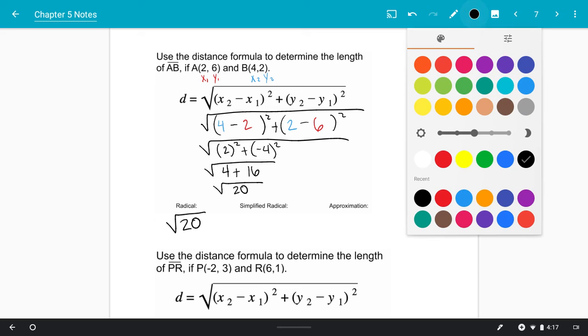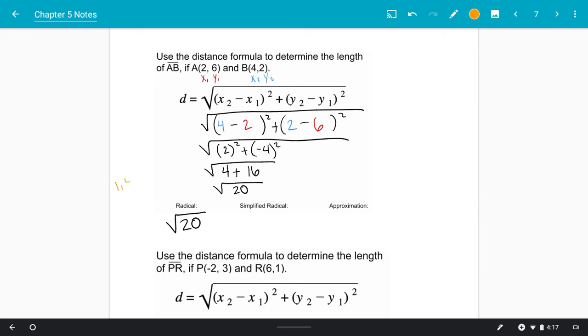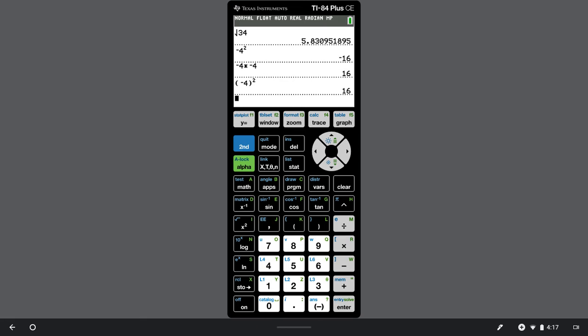And then the simplified radical, again, 1, 4, 9, 16, 25. We'll start with 16 because it's closest to 20. 20 divided by 9. Nope. 20 divided by 4. That one works.